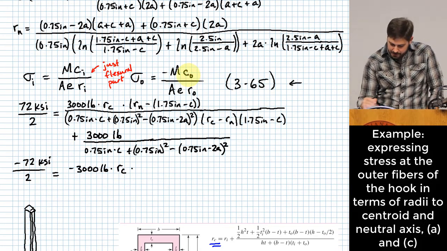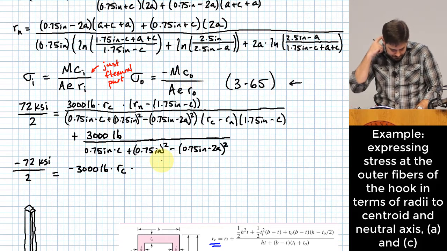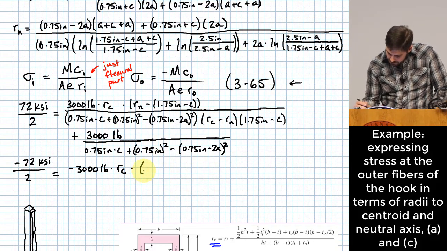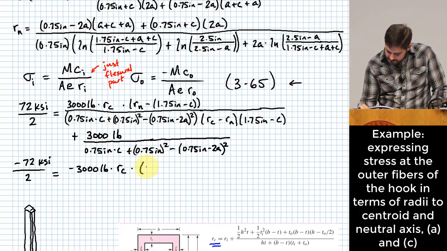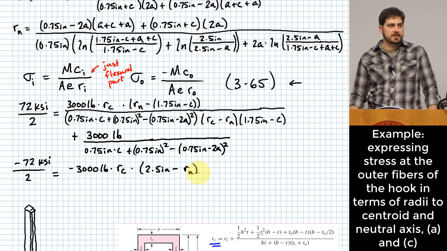And C sub O is what? Okay, C sub O should be the outer radius minus the radius to the neutral axis.